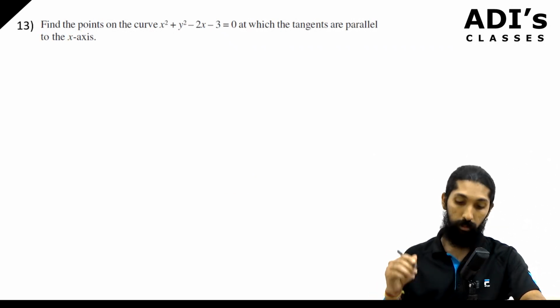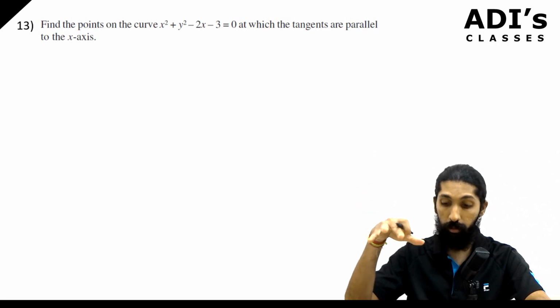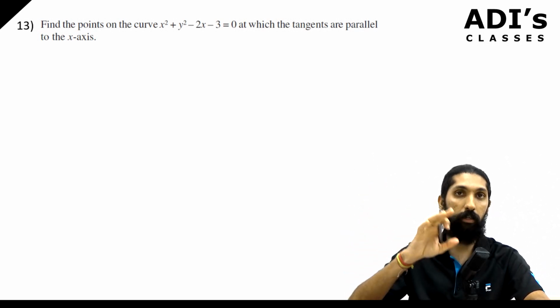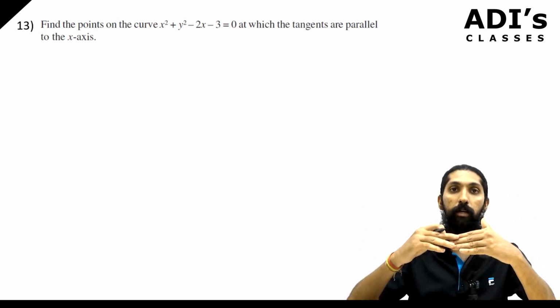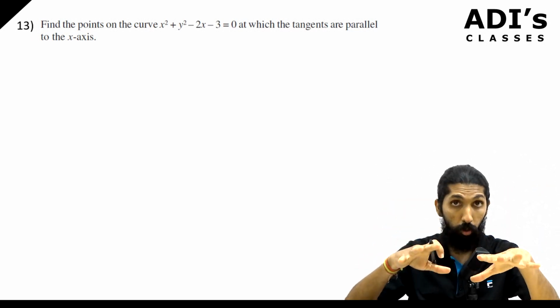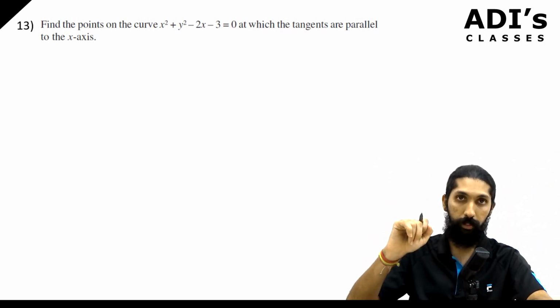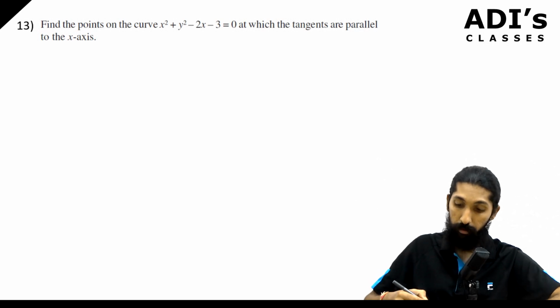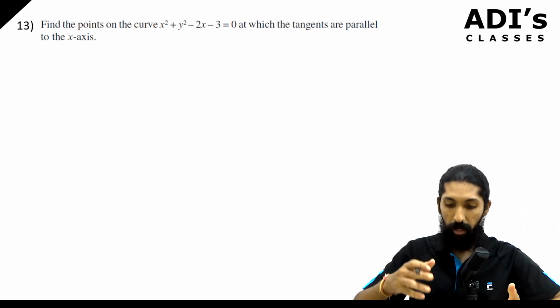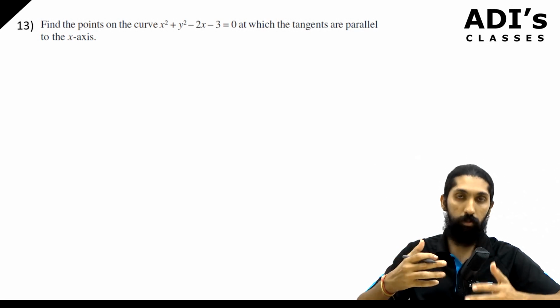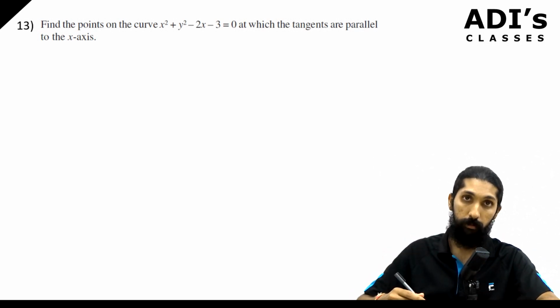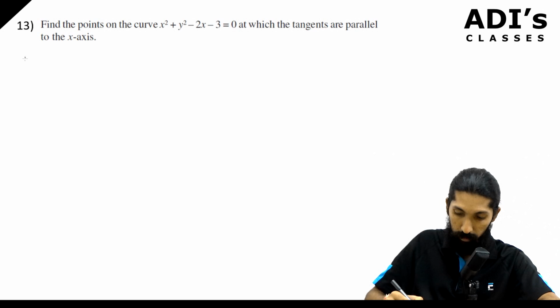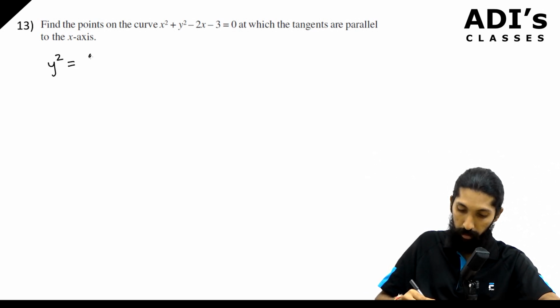See, the question is, find the points on the curve at which the tangents are parallel to the x-axis. Again, parallel to the x-axis, the slope is going to be 0. Correct? Let's differentiate. You can solve it in multiple ways, but what I would do here is, first I'll take y square is equal to 2x plus 3 minus x square.